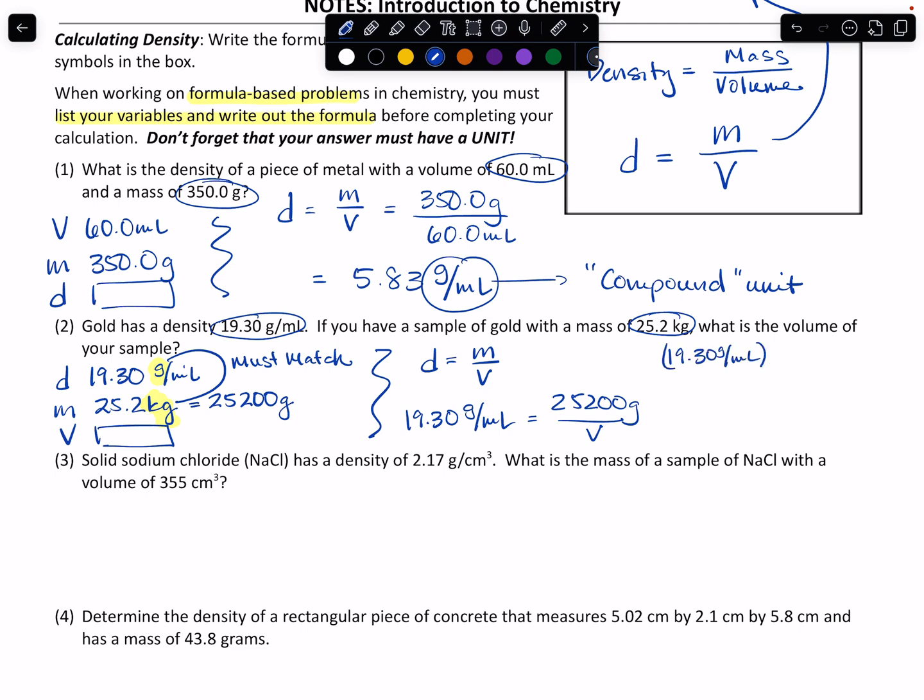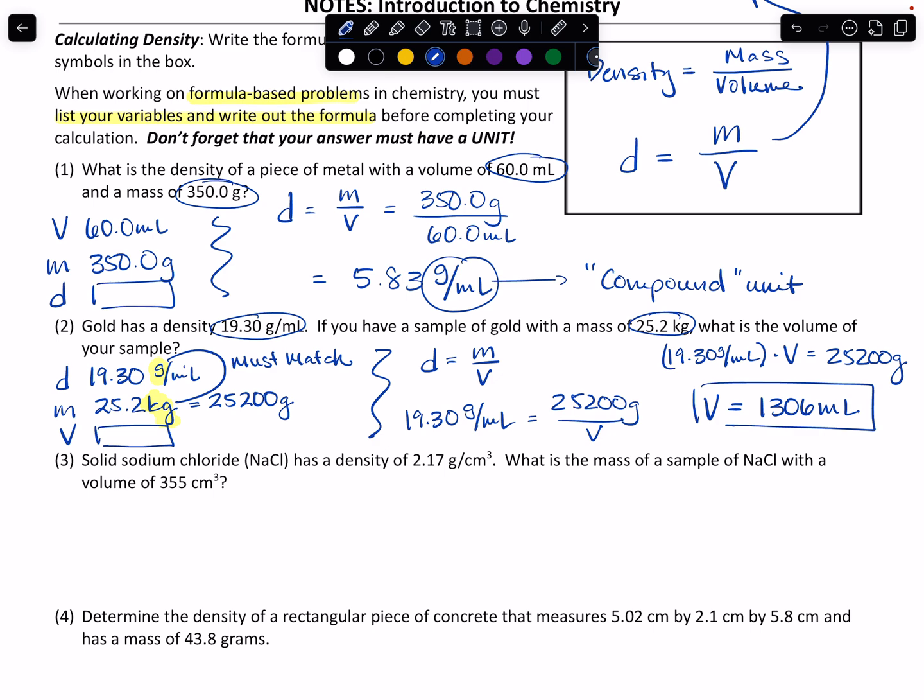So 19.3 grams per milliliter times the volume equals 25,200 grams. And then I'll divide both sides by 19.3, and I end up with a volume value of 1,306 milliliters. So that's how we use the formula to go from density and mass to volume.